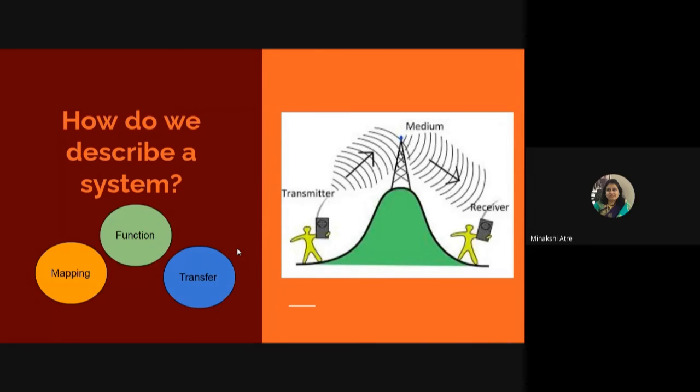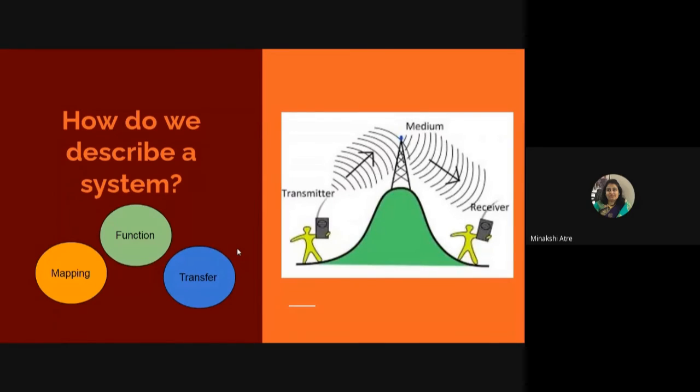So when we talk about the system description, there are a few keywords like mapping of a signal to signal, as sir mentioned. We can also call that output is a function of the input. We can also say that it's the transfer of the input signal to the output. It's nothing but the transformation of the given set of input signals into the output.